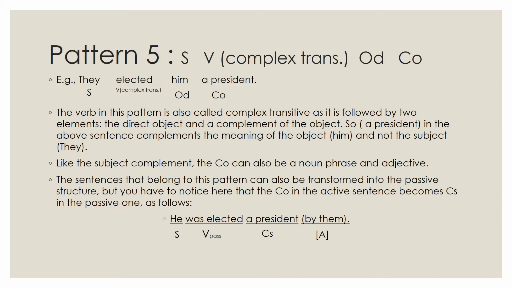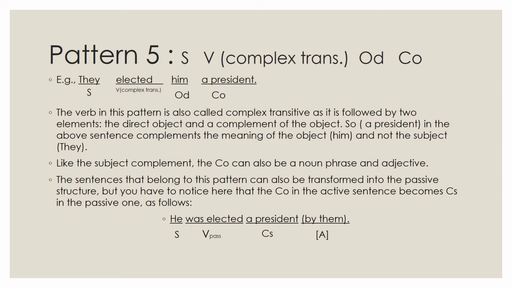Now, why do we call it an object complement? I am talking about the president. Why do we call it an object complement? Because it complements the meaning of the object. If you remember, we talked about the complement in pattern number 2. In pattern number 2 we talked about the subject complement, and we said that it complements the meaning of the subject.